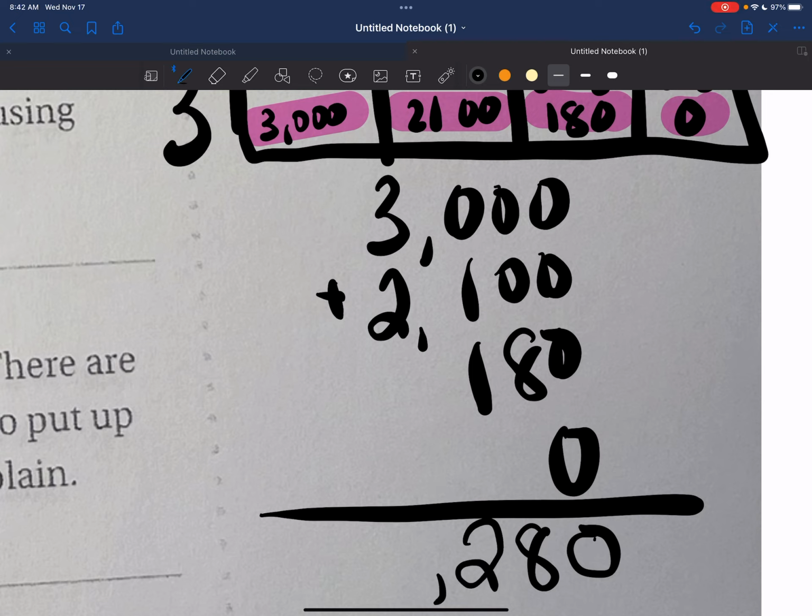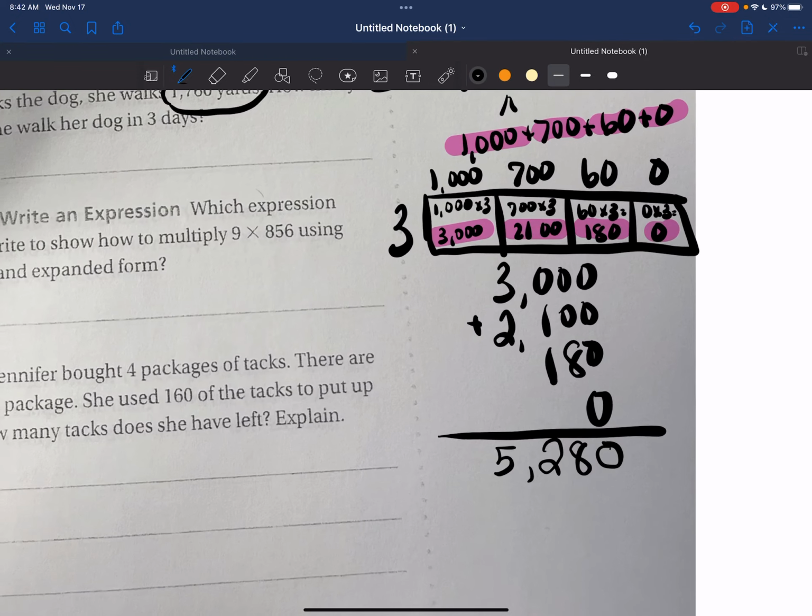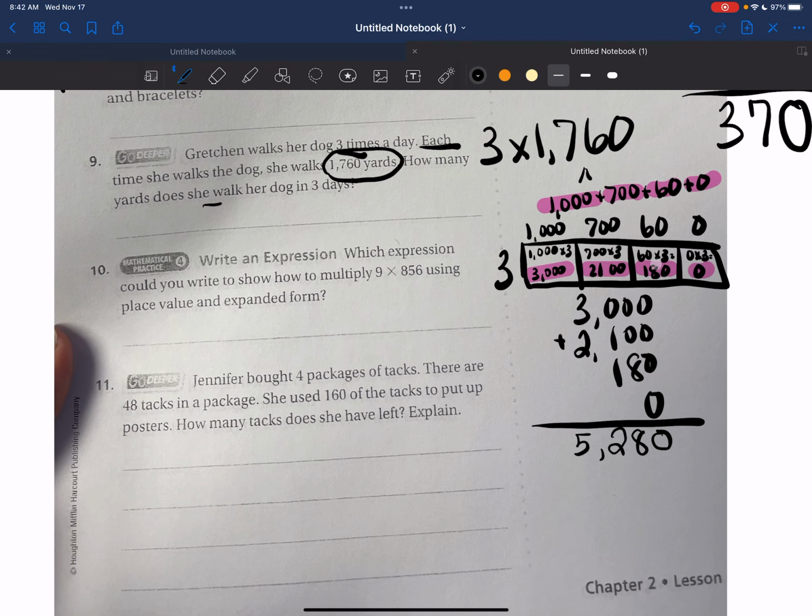Bring down your comma. And then 3 plus 2 is 5. This is a one-step problem, and you are able to solve. So we know that she walks her dogs 5,280 yards in 3 days.